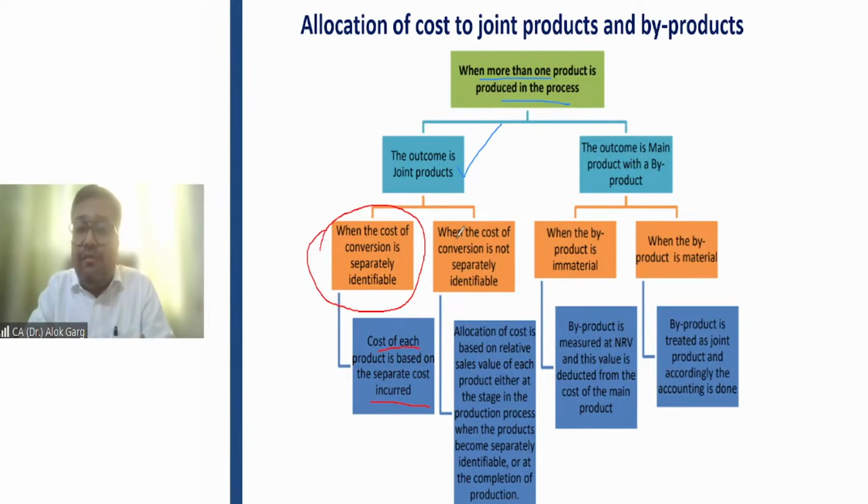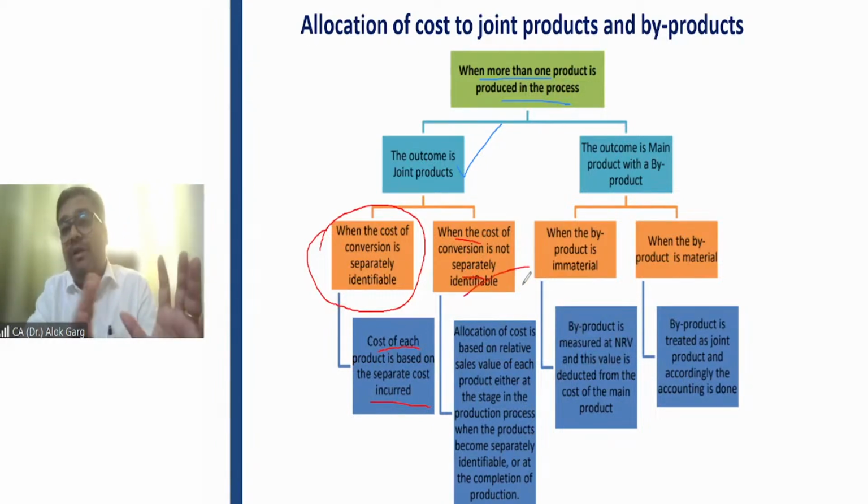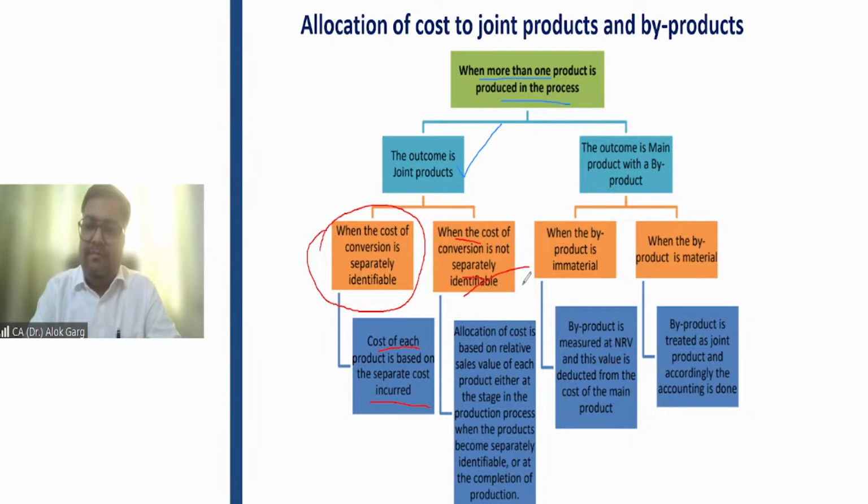But when the cost of conversion is not separately identifiable, for example, the total cost is 1000 crores, and you got, let's say, 100 barrels of petrol and 100 barrels of diesel. How to allocate this total cost?